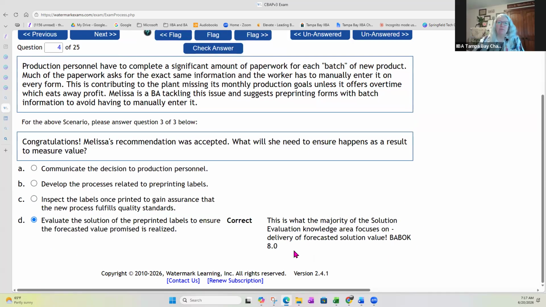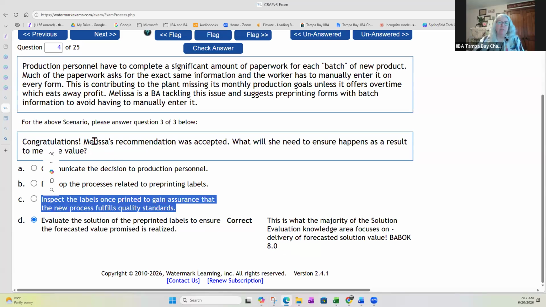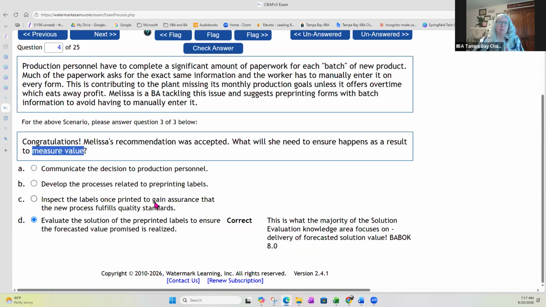This is what the majority of the solution evaluation knowledge area focuses on, delivering of forecasted solution value. So this is a good thing to do, but it doesn't answer the question. It says what will she need to do to ensure happens as a result to measure value. So inspecting the labels will be quality standards, but that's not value.